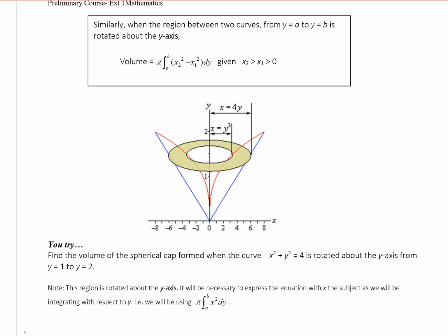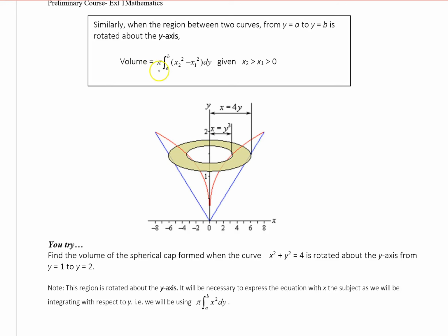This next example has two complications. Well, one is a complication and one is just a little twist. It's talking about an example where we've got a region between two curves from y equals a to y equals b around the y-axis. We're familiar with going around the y-axis to create a solid.